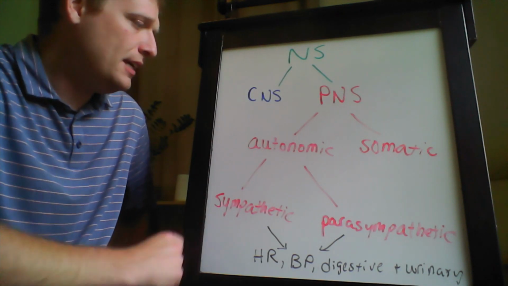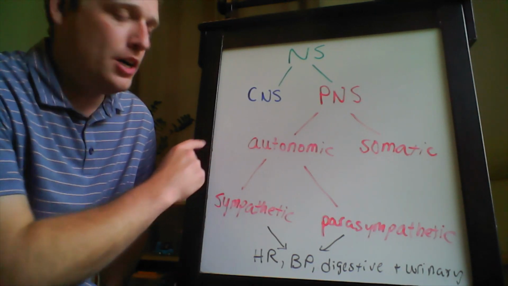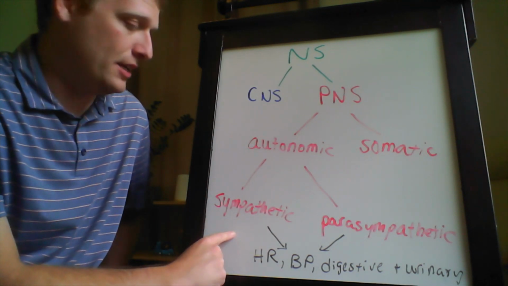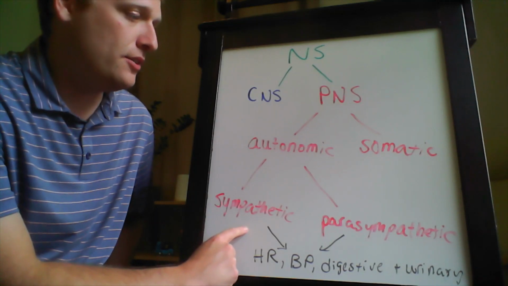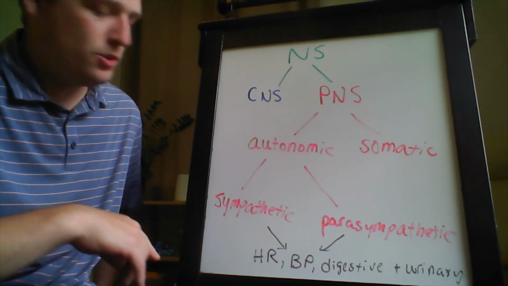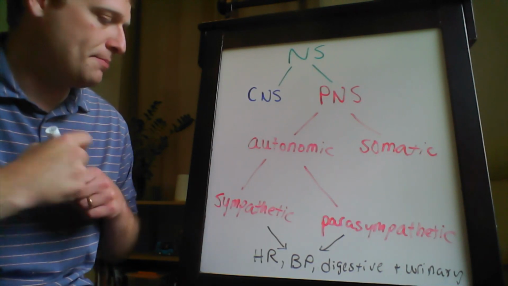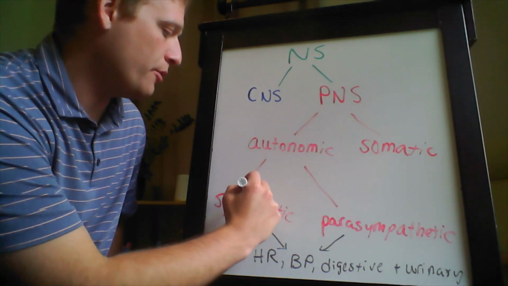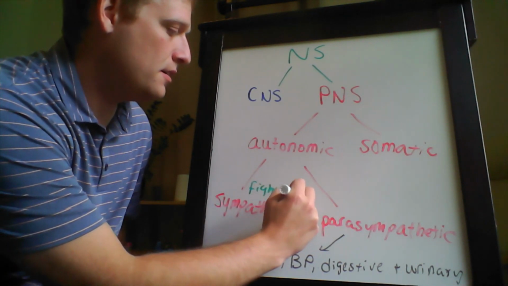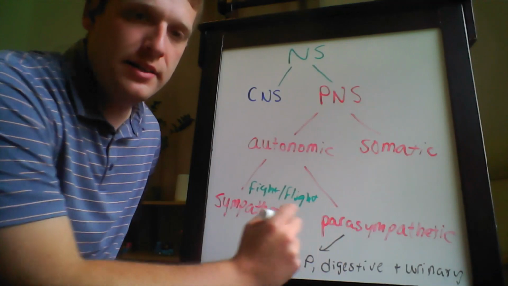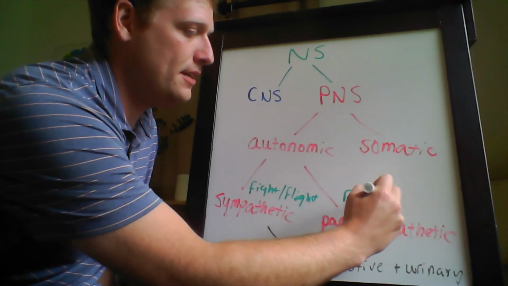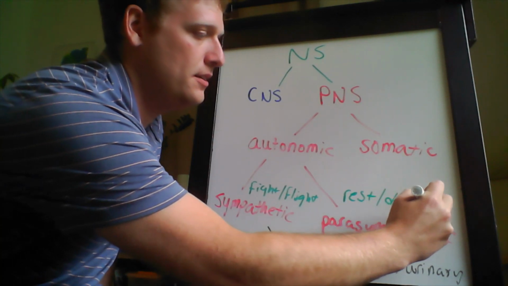So the autonomic nervous system is functionally broken down into the sympathetic nervous system and the parasympathetic. The difference between these is that sympathetic is going to be fight or flight, and the parasympathetic nervous system controls the rest and digest functions.